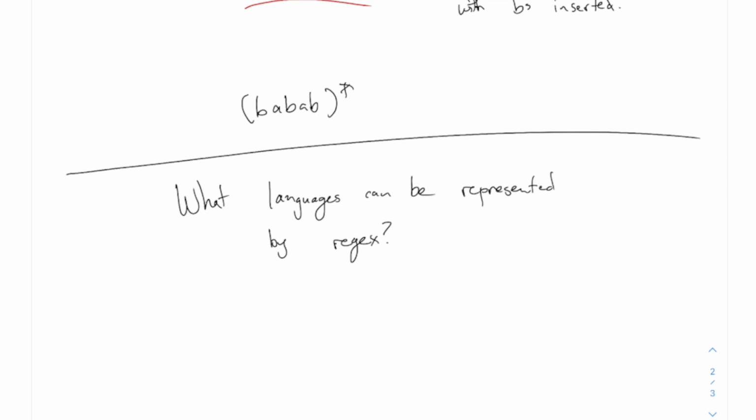So I want to talk about exactly what sorts of languages you can do with a regular expression. A specific question would be something like, can I do any regular language with a regular expression? Or maybe the other way around, you could also ask, if I have something from a regular expression, is that automatically a regular language?